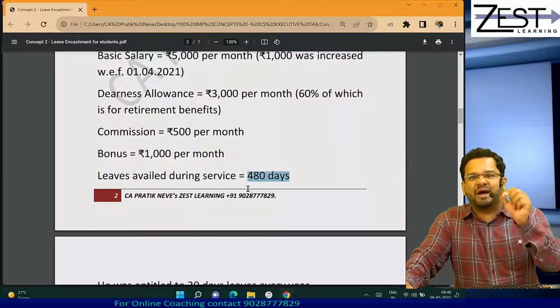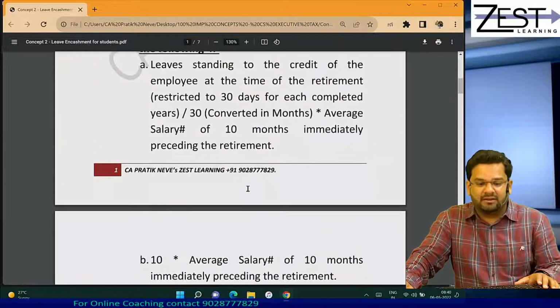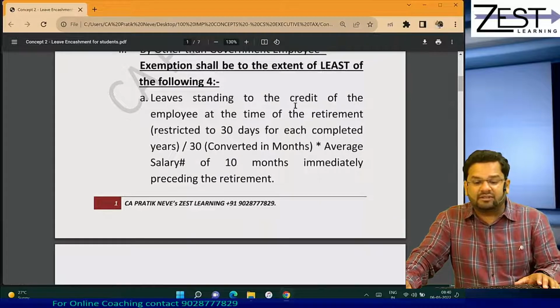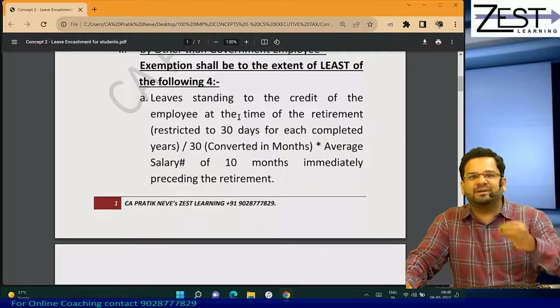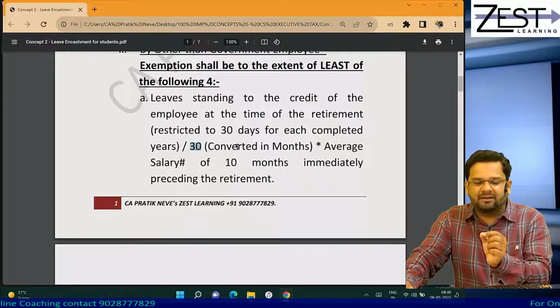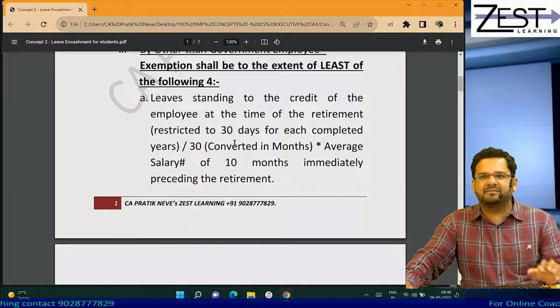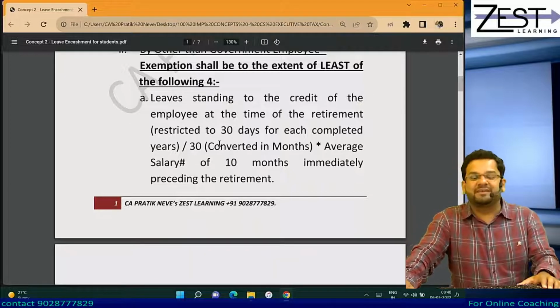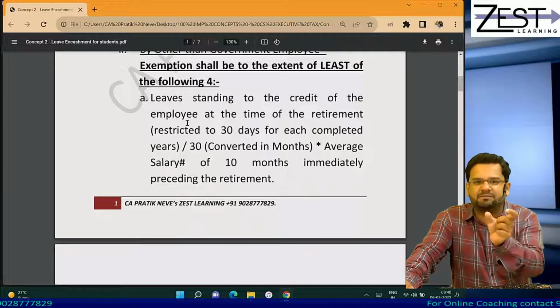That's exactly what the first point was saying, that you should take leave standing to the credit of the employee at the time of retirement. So we got 120 divided by 30, and you now have 4 months. Agreed, all of you? This is the first part of the answer.